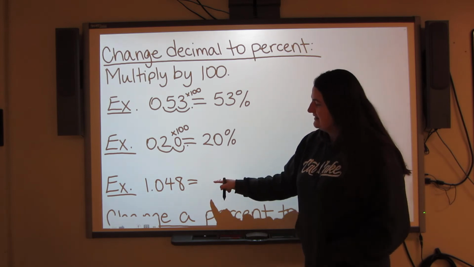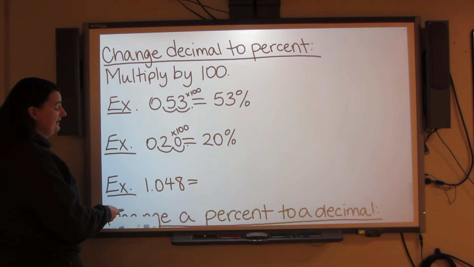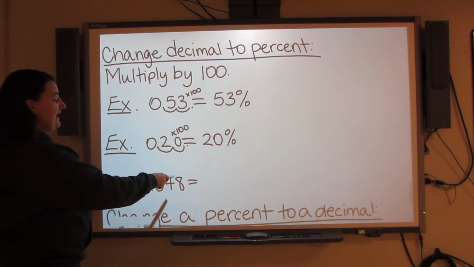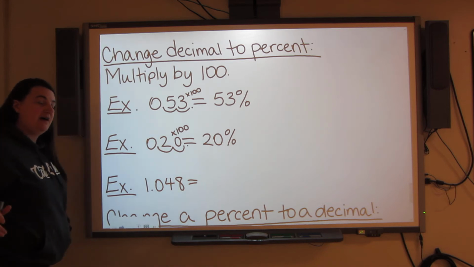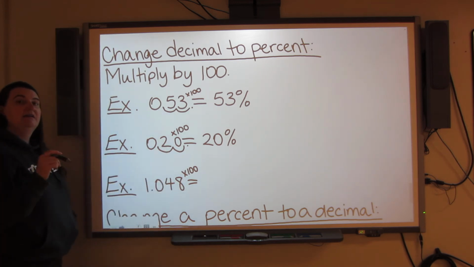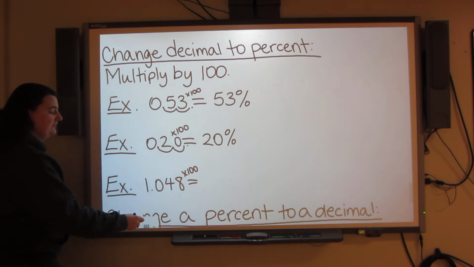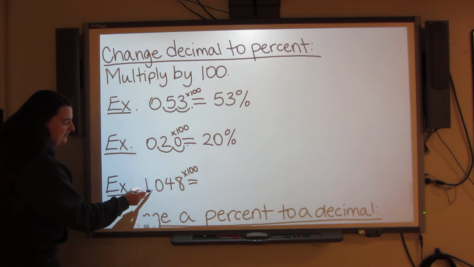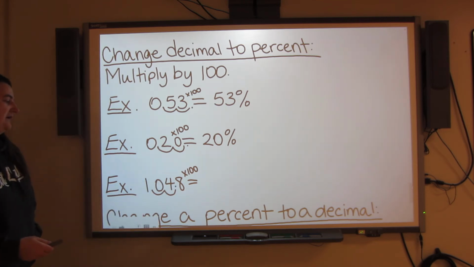All right, the last example here, I have 1 and 48 thousandths. Now this is fine. Keep in mind all you need to do is times by 100, and you'll find easily your percentage, no matter what the numbers are. So I take my decimal and I move it 1, 2 spots to the right to make this bigger.